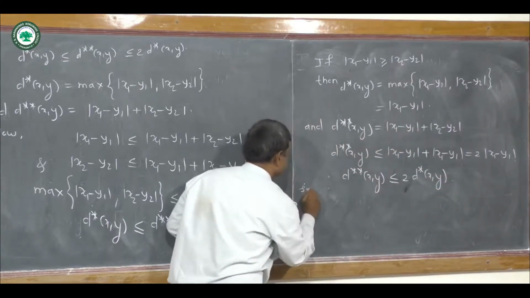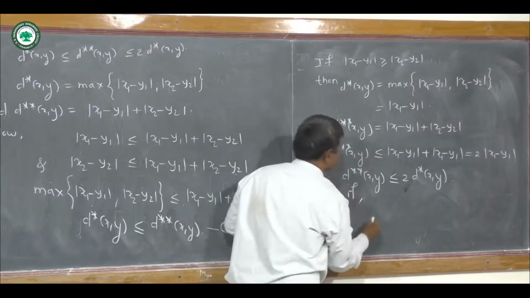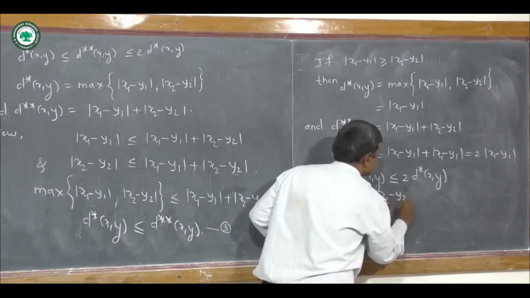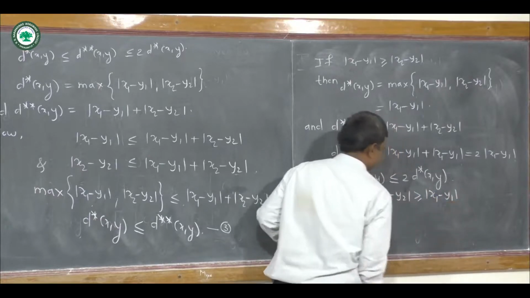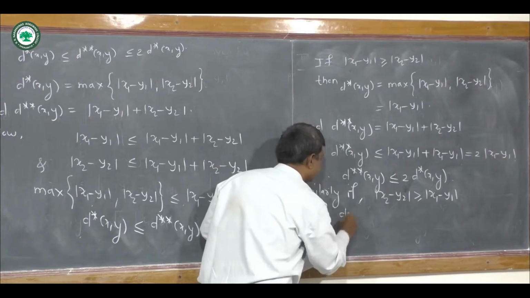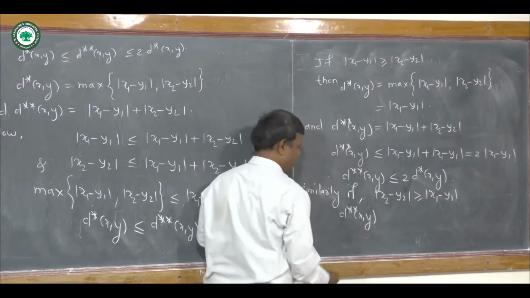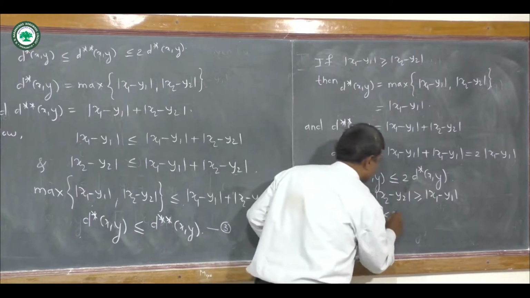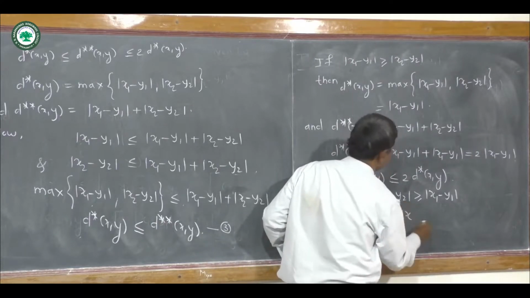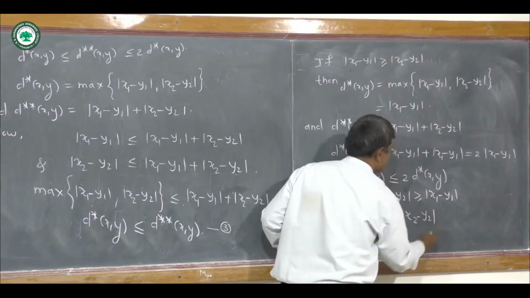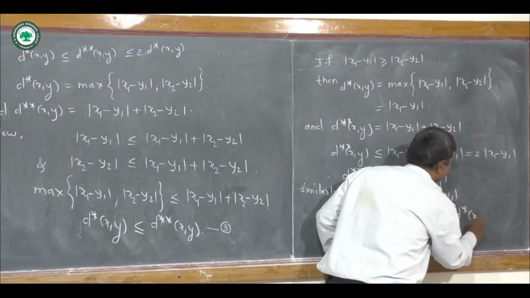Similarly, if absolute value of x2 minus y2 is greater than or equal to absolute value of x1 minus y1, then d star star of x comma y is less than or equal to twice absolute value of x2 minus y2, that is, twice d star of x comma y.